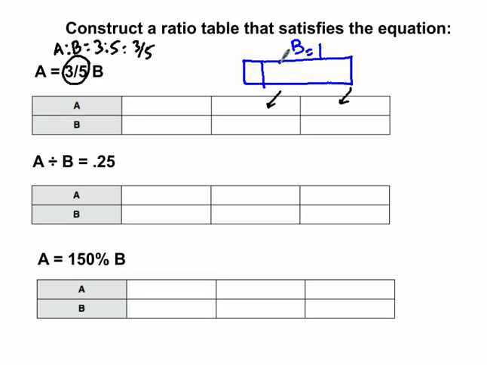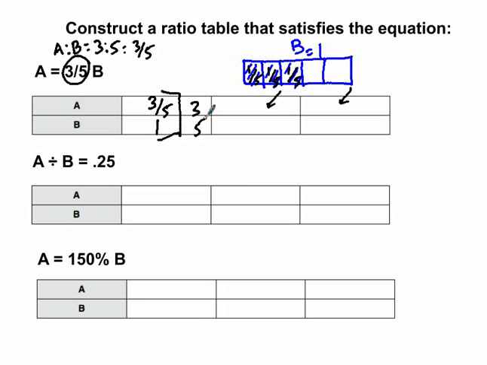Well, we're taking 1 and dividing it into 5 parts, and we'd be taking 3 of those 5 parts. 1 divided by 5, each of these would be 1/5. And if we took 3 of them, it would be 3/5. So if B was 1, A would be 3/5. And that's what that means, that it'd be at a 3 to 5 ratio as well. But the simplest part to start would be recognizing 3/5 means 3 to 5 ratio.